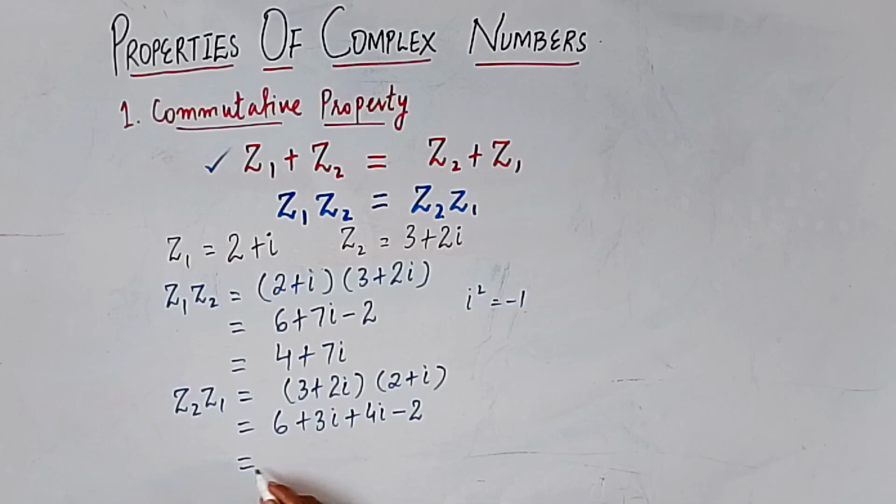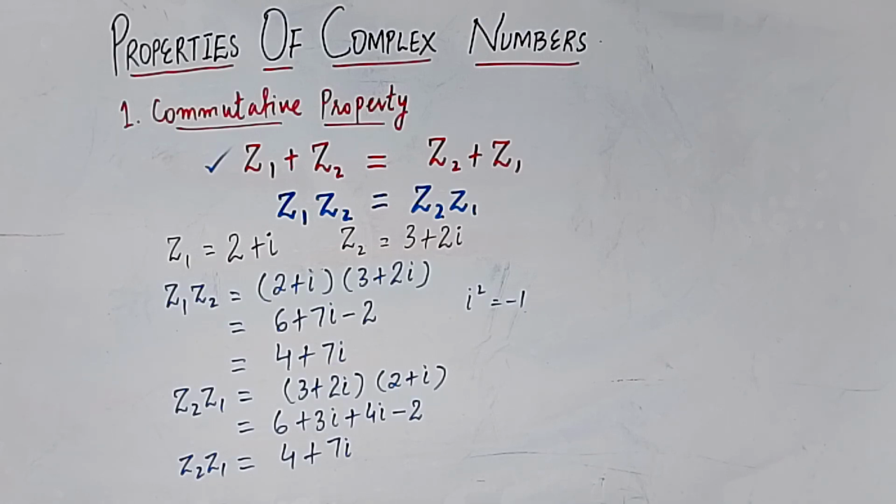So you will get the same answer: 6 minus 2 is 4, so 4 plus 7 iota. This is how we can say that the commutative property of addition as well as multiplication is applicable on complex numbers.